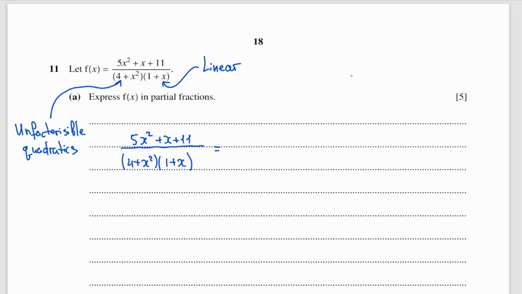Now we know that the unfactorizable quadratic will give us a partial fraction in the form ax plus b over the actual quadratic, and a linear factor would be c over 1 plus x.